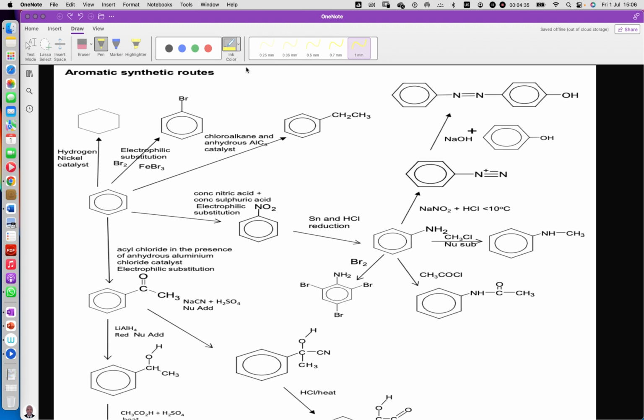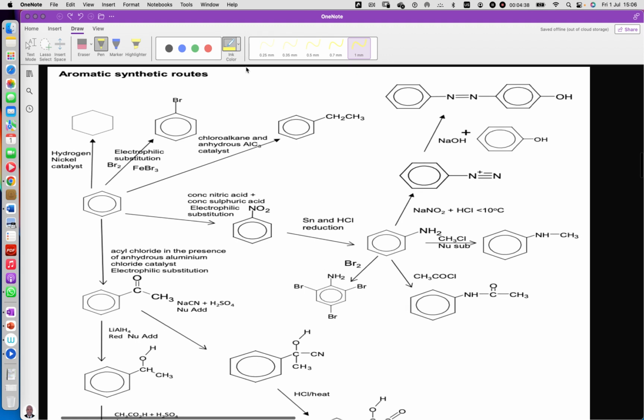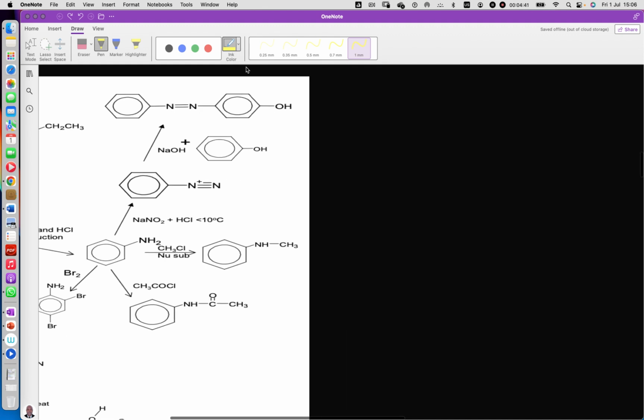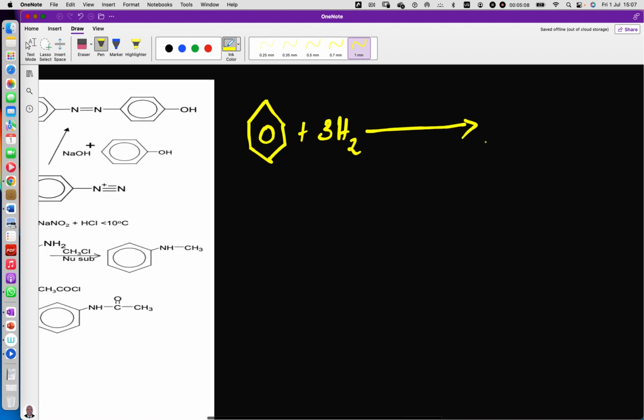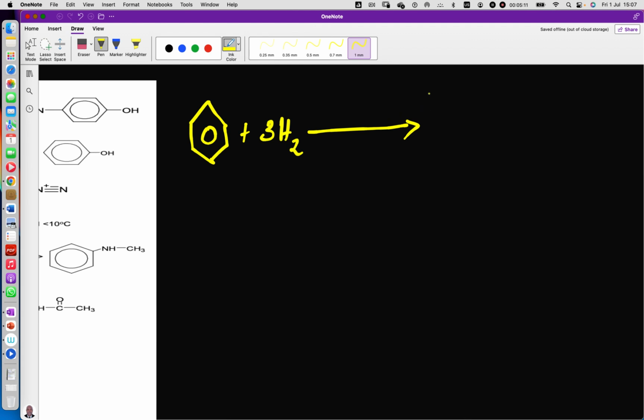Let me just write it here for you to understand. We will have benzene plus 3 hydrogen. It undergoes the reaction and we will have cyclohexane, which is this one.